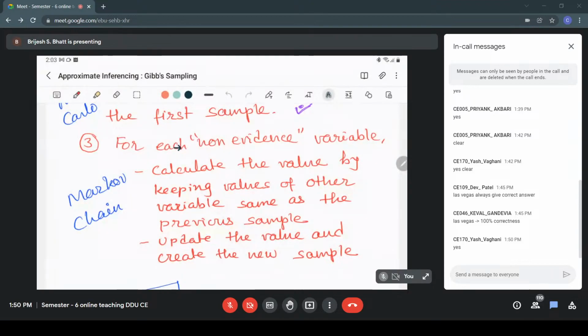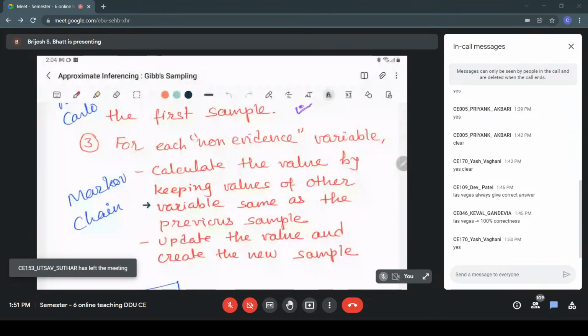And for each non-evidence variable, calculate the value by keeping values of other variables the same as in the previous sample. So we'll flip one variable at a time. We'll calculate the value of one variable at a time, and keep repeating this until all variable values are changed. So first, randomly assign values to all non-evidence variables. Evidence variables are anyway fixed. So the first sample is randomly generated.